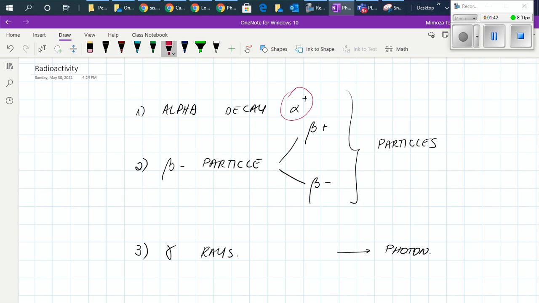They are ejected at high speed, and the penetration is not that high. It's about a few centimeters in air, and it can even be stopped by a sheet of aluminum foil, so low penetration.